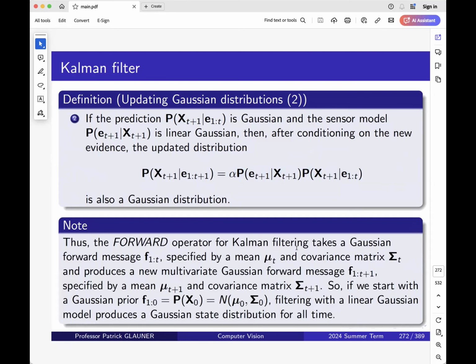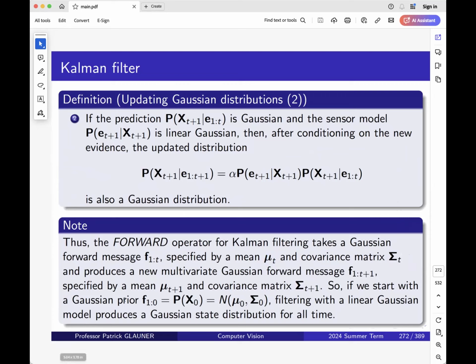This will become a little bit more complex, a few more details, and then we're actually doing this for another example in a single variable, and then we see how you can actually take advantage of the Kalman filter. This forward operator, so we talked before about these forward messages, takes a Gaussian forward message. What we specify is a mean vector and a covariance matrix, and we're producing a new multivariate Gaussian forward message.